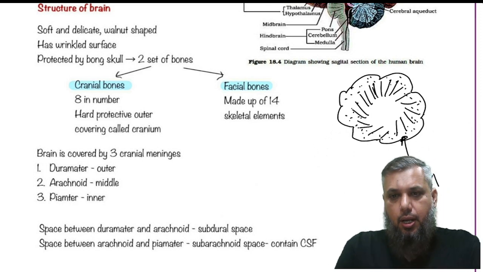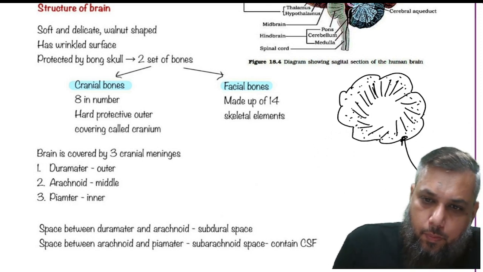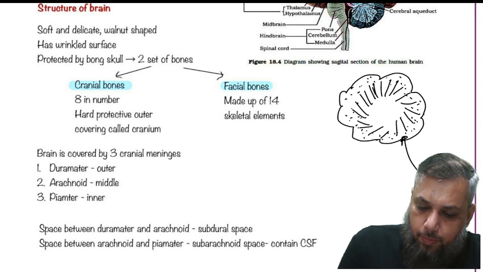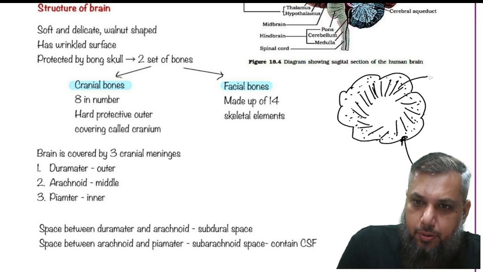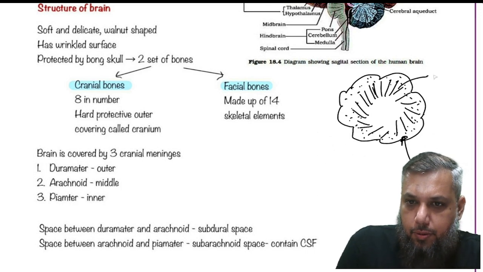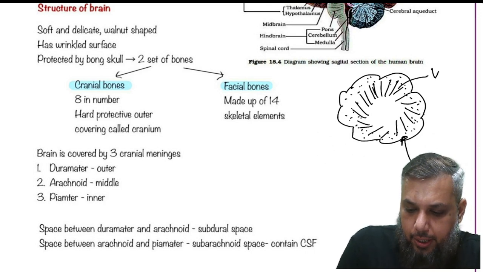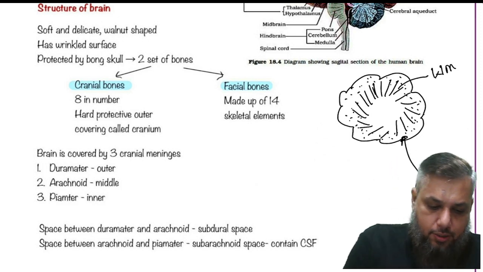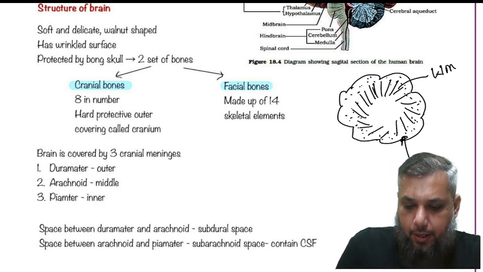It appears gray because of the presence of millions of cytons. And the central part appears white because of the presence of myelinated nerve fibers. So the outer matter is the gray matter, and the inner matter is the white matter.